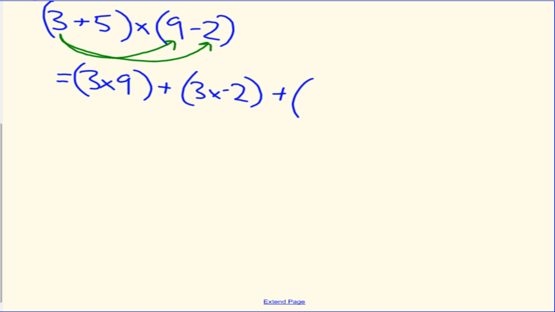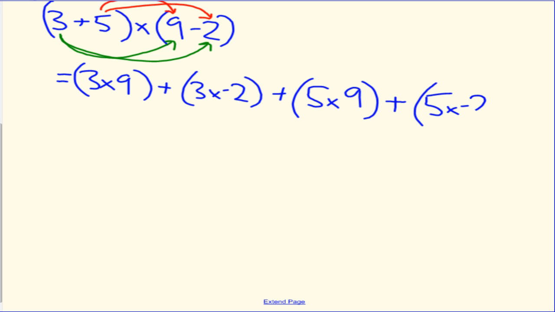Plus, next we need to multiply the second number in the first bracket by the two numbers in the second. So we're going to have 5 multiplied by the 9. And that's going to give us 5 times 9 in that bracket, plus that number again, the 5, multiplied by the last number over there. That gives us 5 times negative 2.